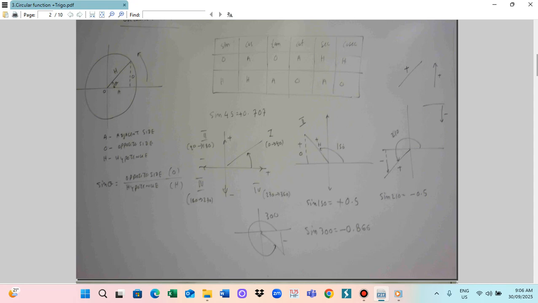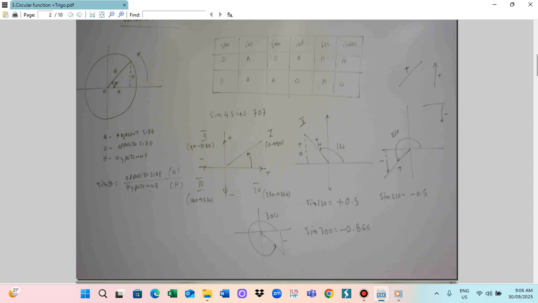So with the circular function, we can find positive and negative. The first quadrant is 0 to 90. Quadrant 1 is 0 to 90 degrees. Quadrant 2 is 90 to 180. Quadrant 3 is 180 to 270.